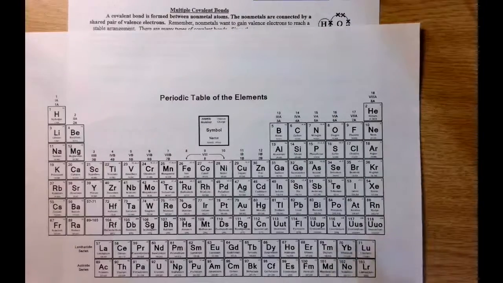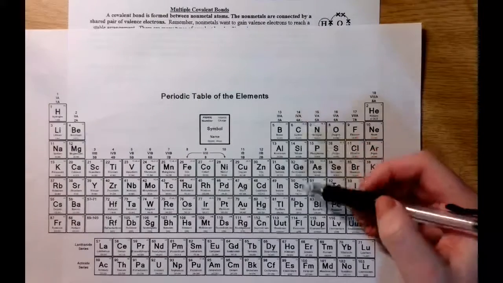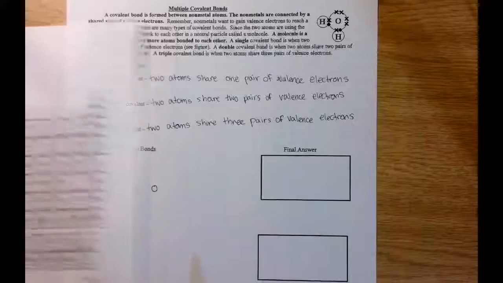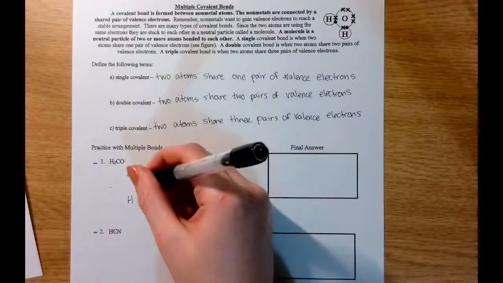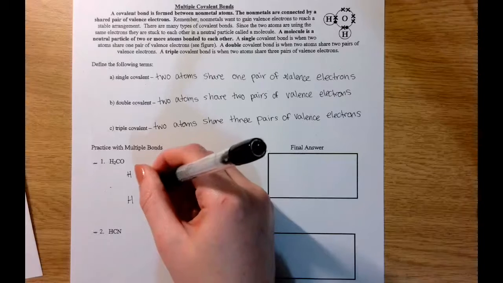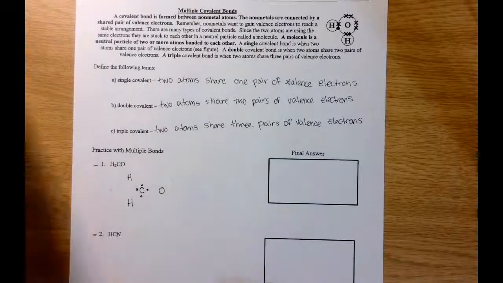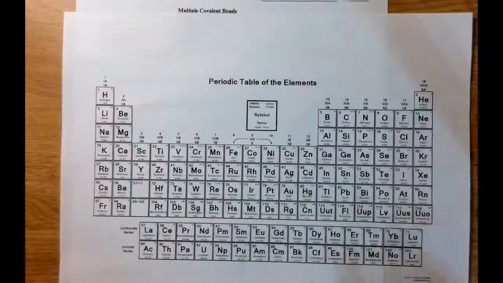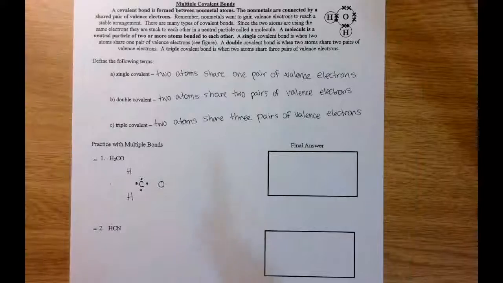So if we take a look at our periodic table for valence electrons, we look at carbon. We see it's in group 4A, and so it has 4 valence electrons. We will go ahead and draw those: 1, 2, 3, 4. And hydrogen is in group 1A, so it has 1 valence electron.